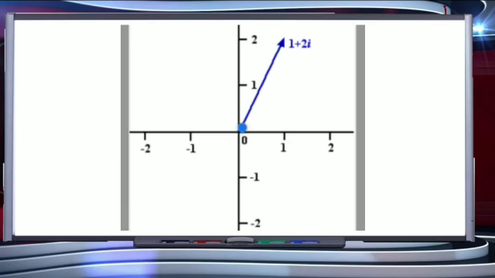Next example: suppose we have to represent the number 1 plus 2 iota. Here 1 stands for the x and 2 stands for the y coordinate. So we will plot (1, 2) in the first quadrant.